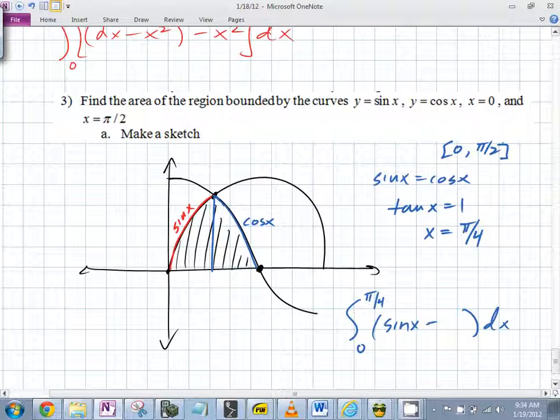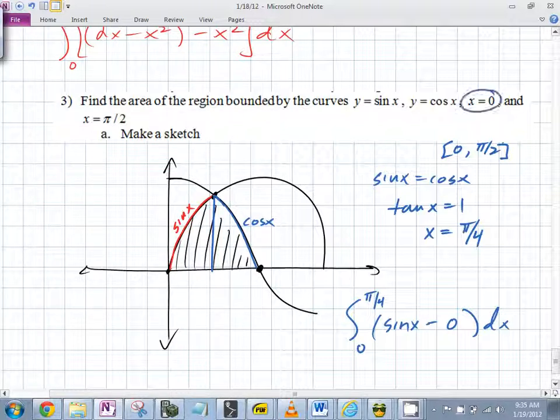It's bounded by these two. Oh, wait a minute. We're looking at the wrong side. Oh, my bad. Look what the question says. Does this thing say bounded by the x-axis? No, it says bounded by x equals 0, which is which axis? Y.